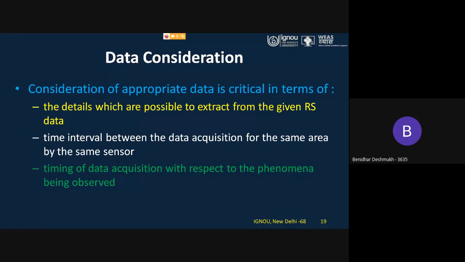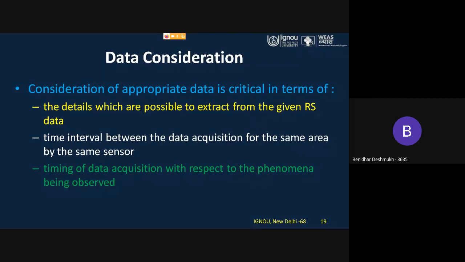Also, the timing of data acquisition is very important for what we are studying. If I take the example of coastal areas, suppose I want to map coral reef areas. For that I need data that coincides with the low tide condition, because if there is a high tide, there will be a lot of water above the coral reef features.